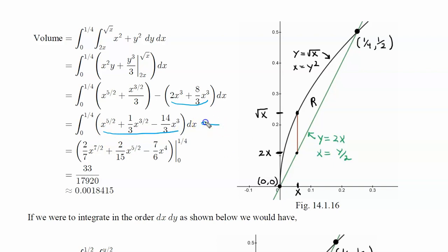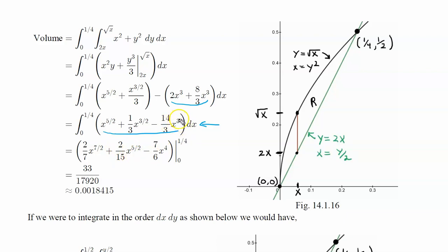Now this is an integral only involving one variable, and you can just integrate it. Antiderivative of x to the 5/2 is 2/7 x to the 7/2. Antiderivative of this is going to be 1/3 times 2/5, so that'll give you 2 over 15 x to the 5/2.